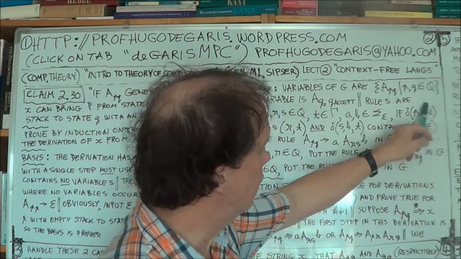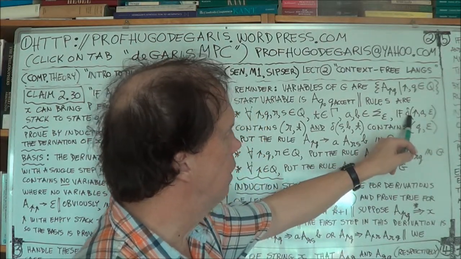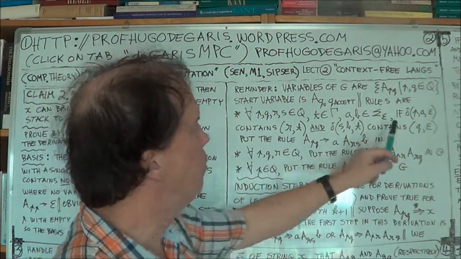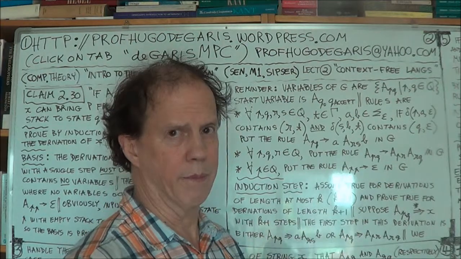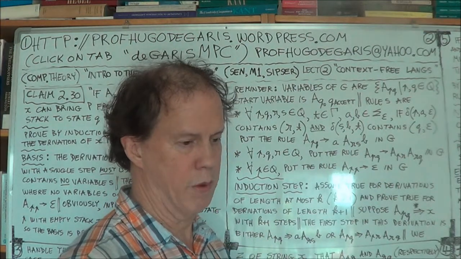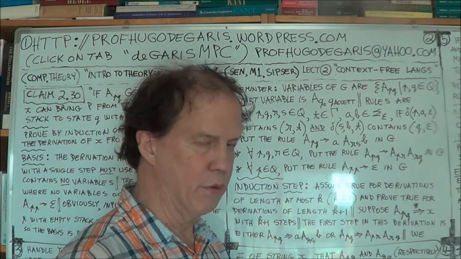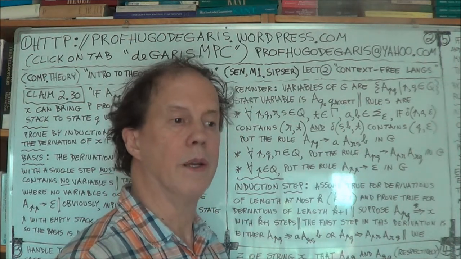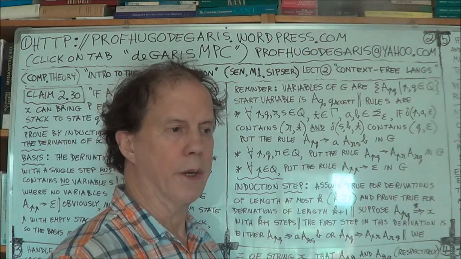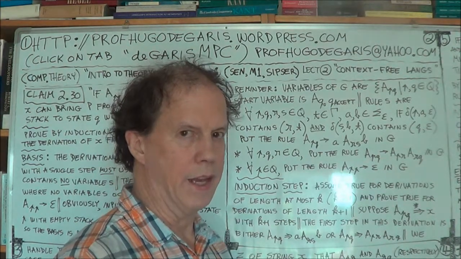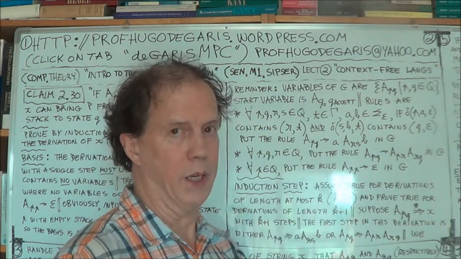Now remember, it's a non-deterministic PDA. Strictly speaking, the proof of equivalence is between a context-free grammar and a non-deterministic PDA.